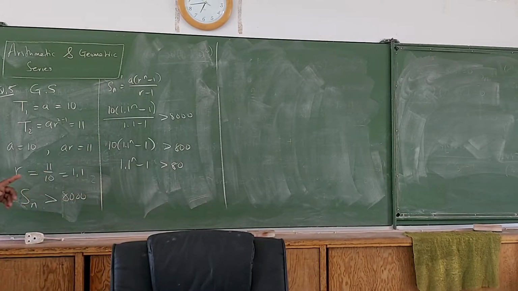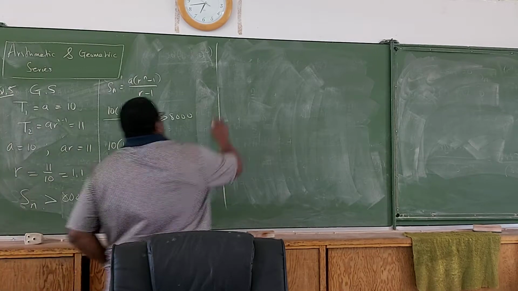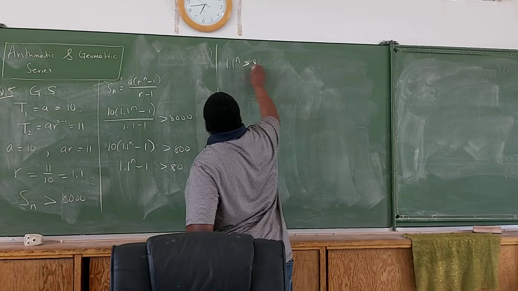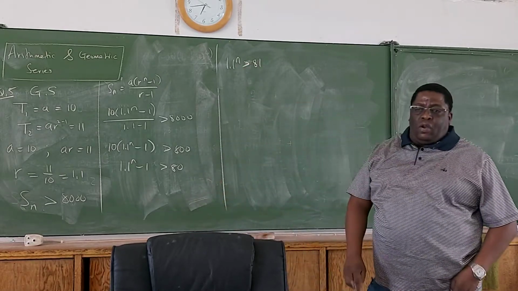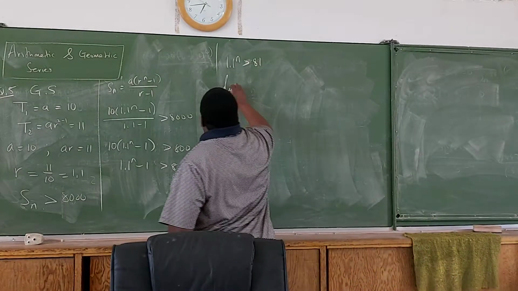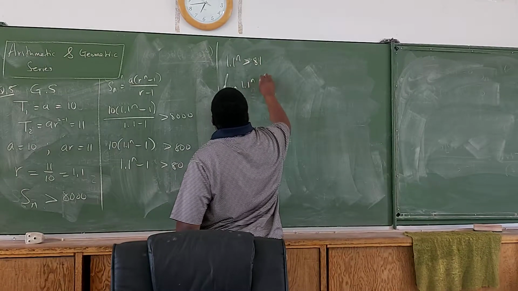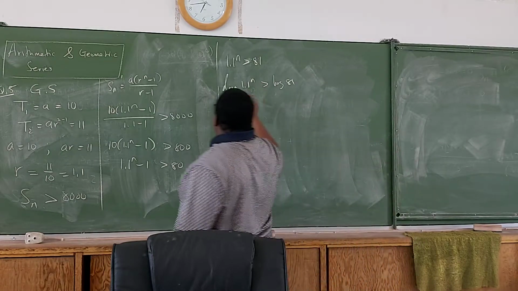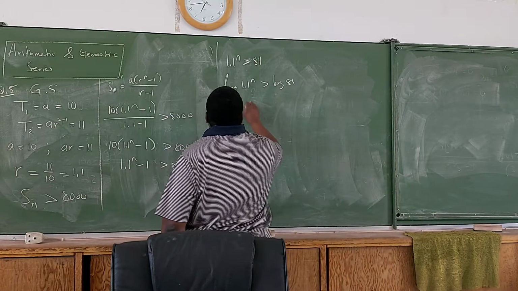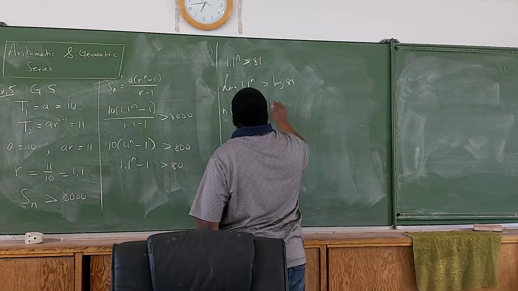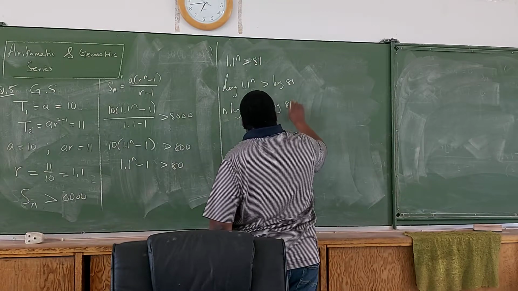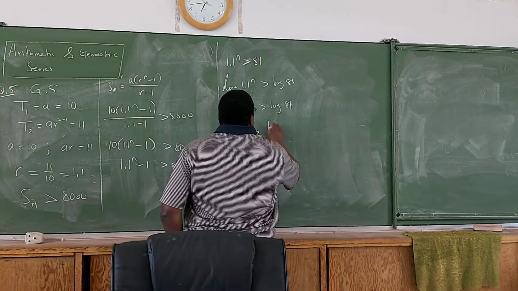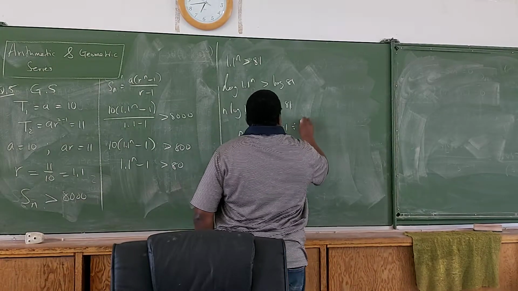So far so good. So when you add that one there, it becomes 1.1 to the n greater than 81. Logs, right? So we're going to take log of 1.1 to the n greater than log 81. This is not a fraction, so you don't have to change the inequality. You understand? So we're going to divide. While I'm writing, please do it.